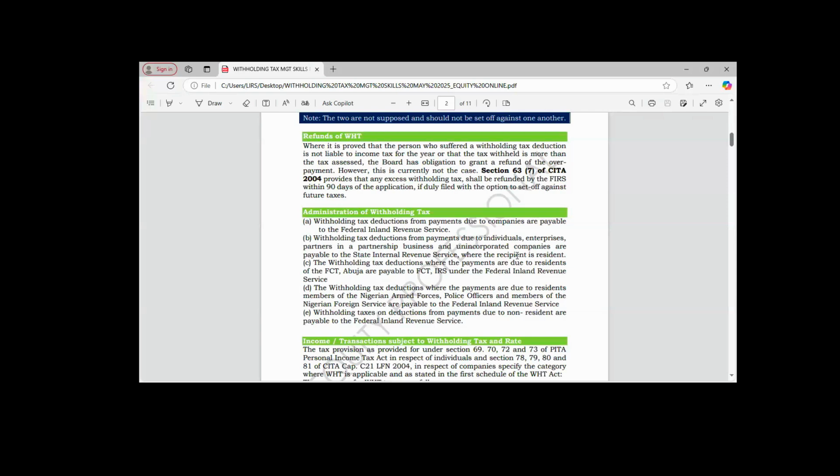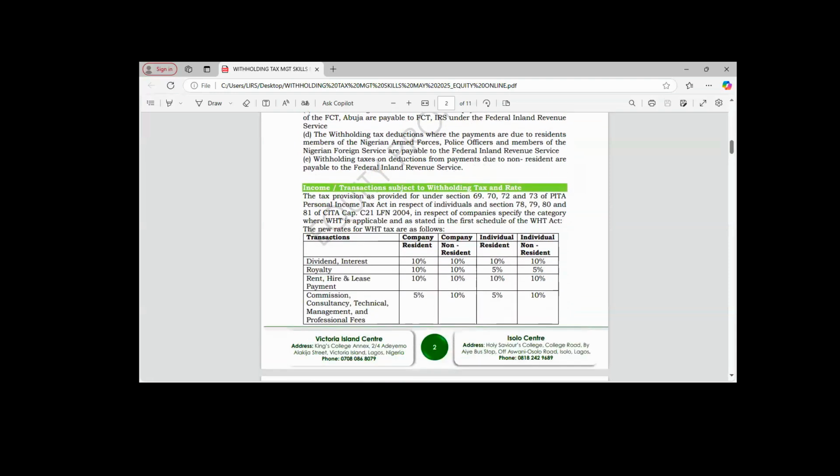So after knowing where to pay the withholding tax, what are those income and transactions that are subject to withholding tax and their rates? Before now, we have a standard rate that is usually applicable to both resident and non-resident.